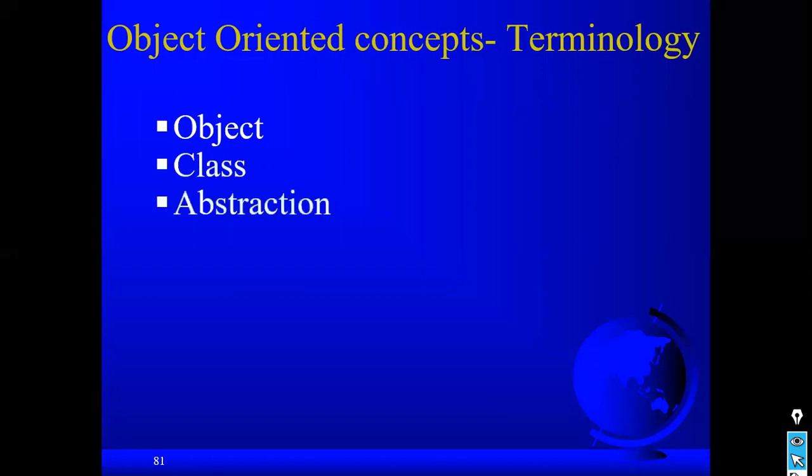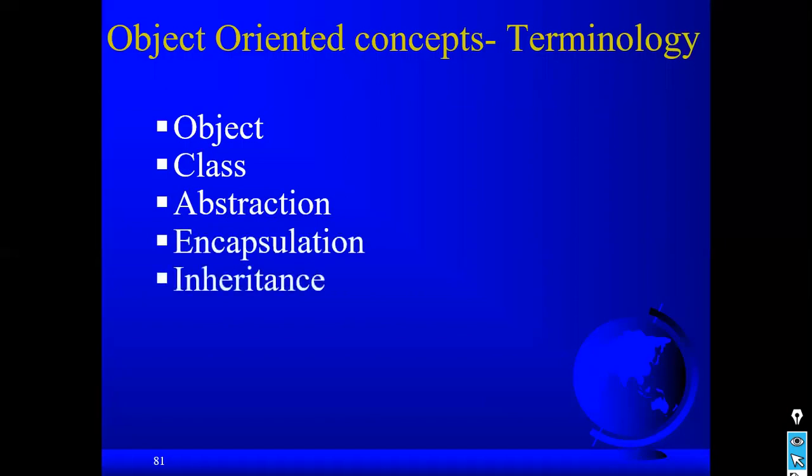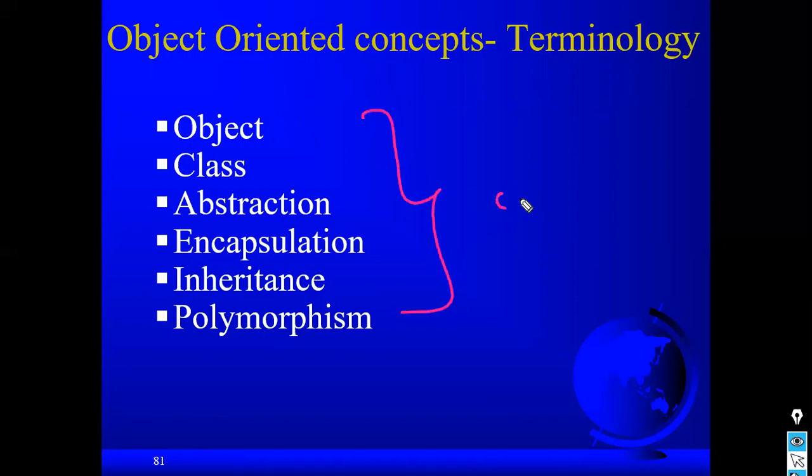Third, abstraction, also called data abstraction. Fourth, encapsulation, inheritance, and polymorphism. If a programming language supports all these features, then we can call it an object-oriented programming language.